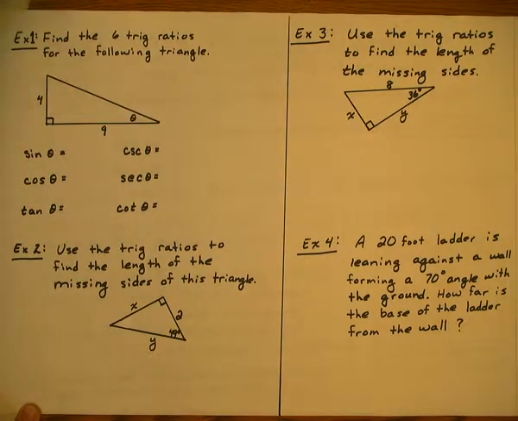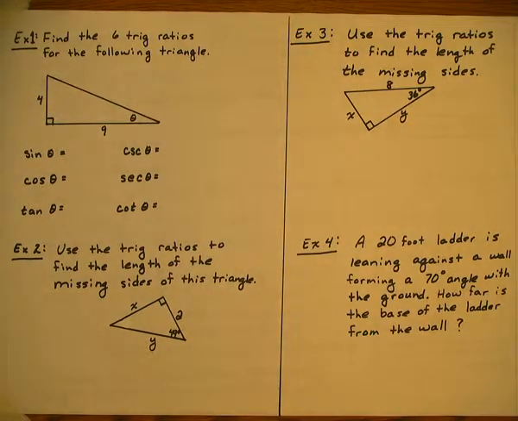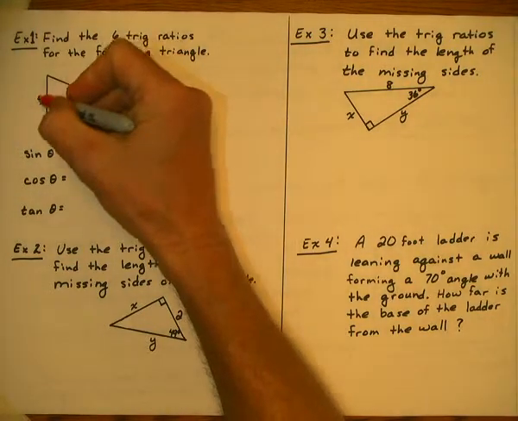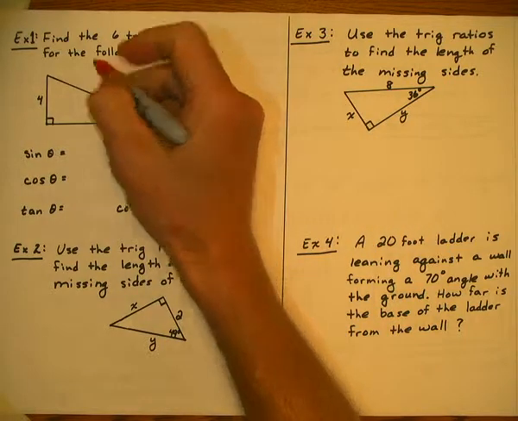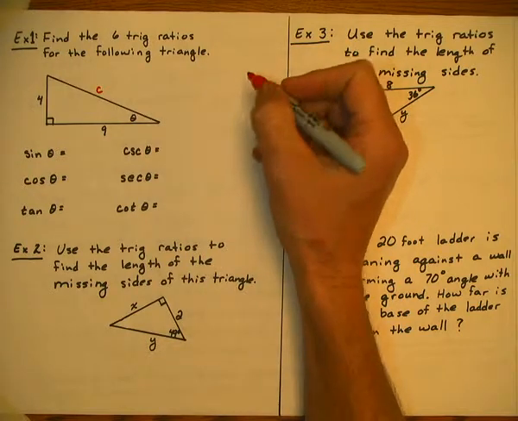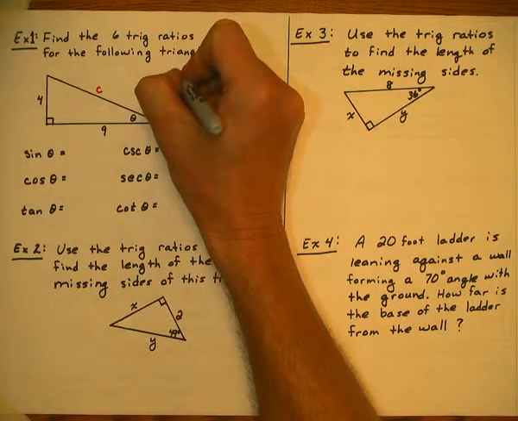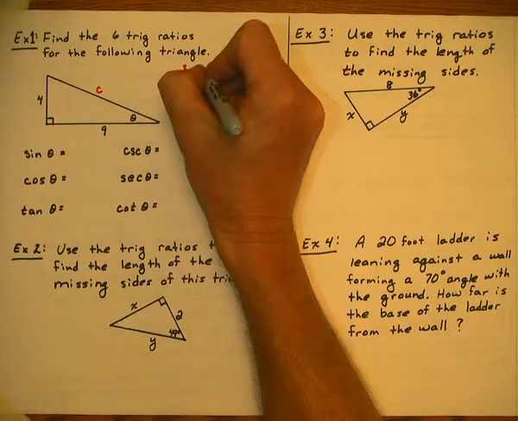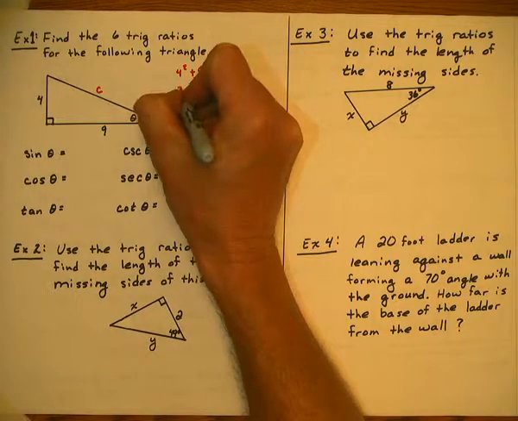So on this first problem, what we want to do is find the 6 trig ratios for this following triangle. If you know 2 sides of a right triangle, you can find the missing side, and I'll just call this C since it is the hypotenuse, by using the Pythagorean theorem. So you would have 4 squared plus 9 squared equals C squared.